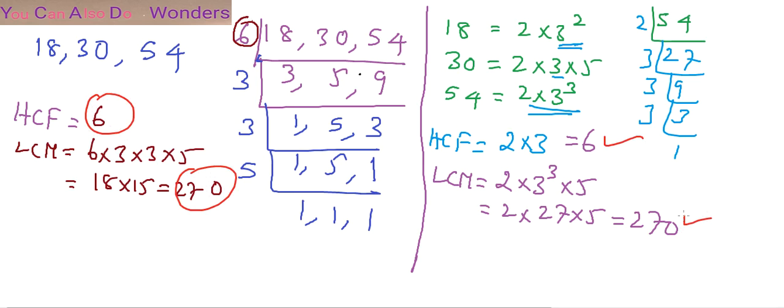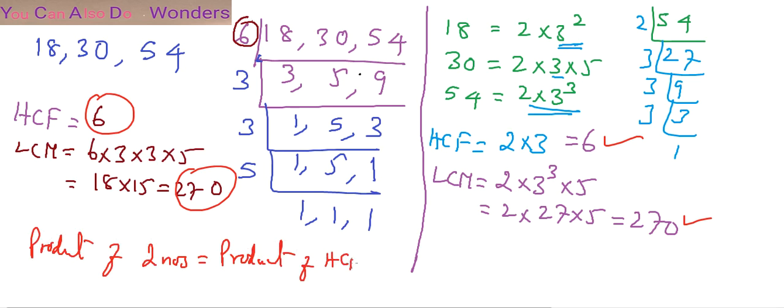So we have found HCF and LCM by two different methods. But we saw that the product of two numbers is equal to the product of their HCF and LCM.